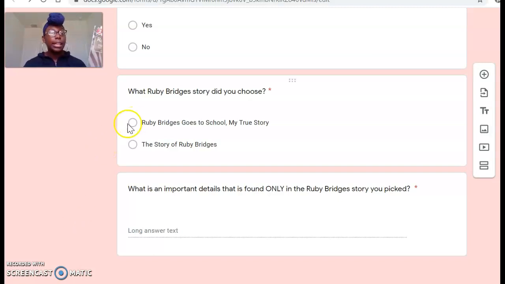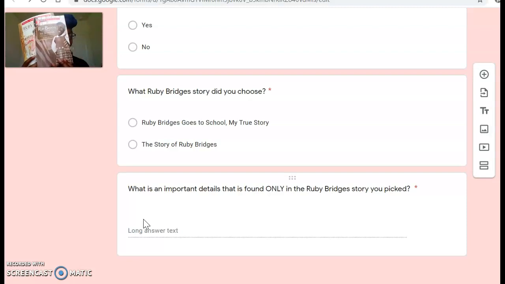So if I click Ruby Bridges Goes to School, My True Story, I need to tell a detail that is only in that Ruby Bridges story. If I pick the story of Ruby Bridges, then I need to tell a detail that is only in this story, not something in both stories.